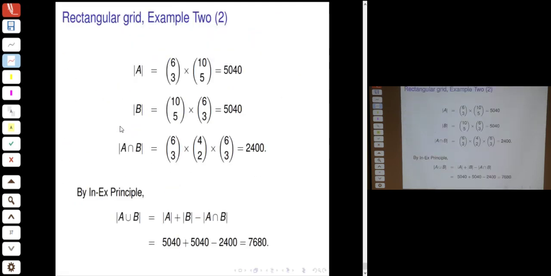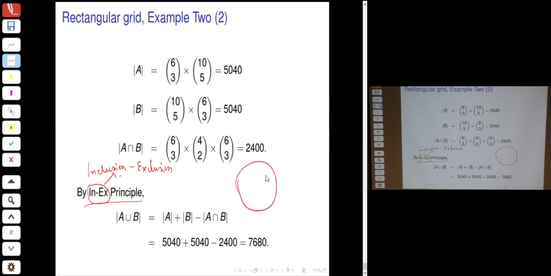And this brings us to an important principle, which is the inclusion-exclusion principle. So INX means inclusion-exclusion. Inclusion-exclusion principle, what does it mean?